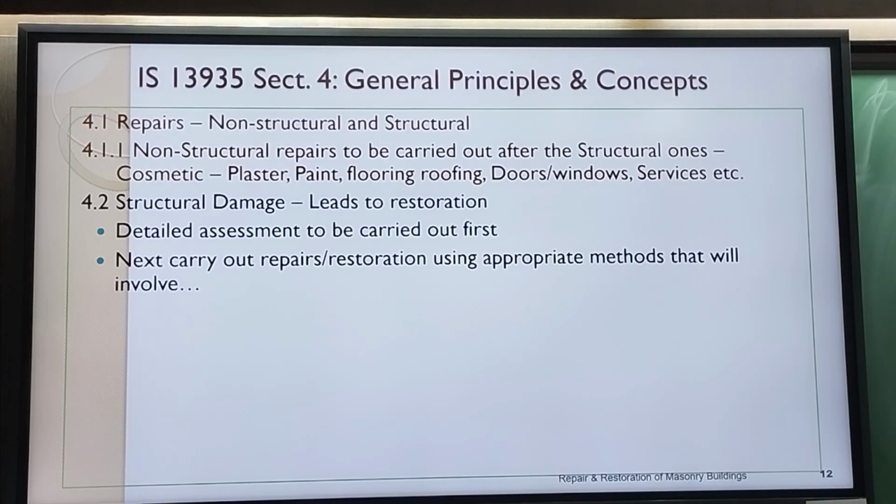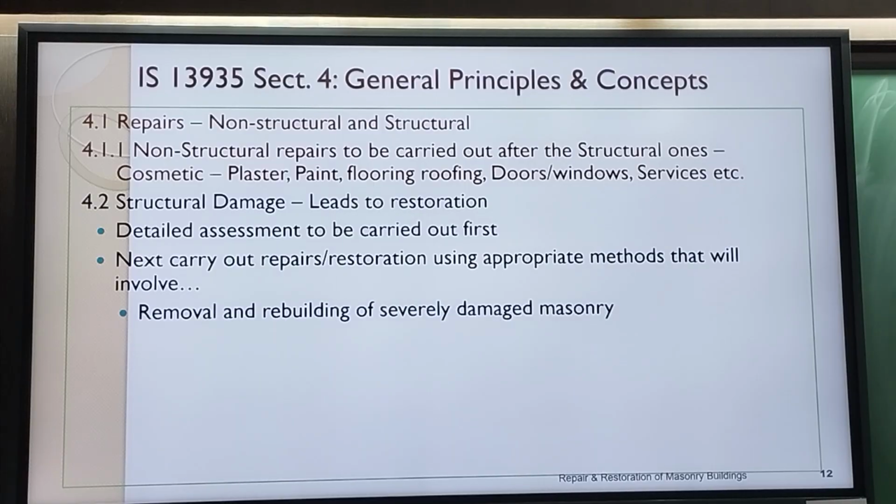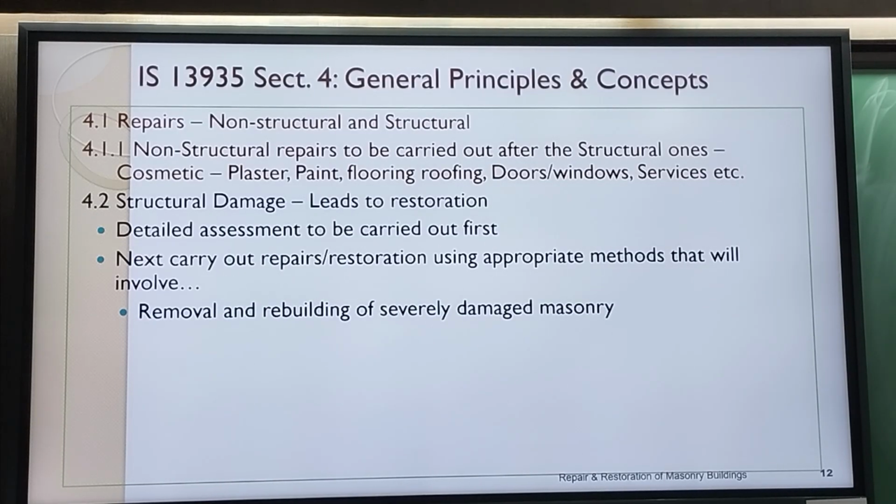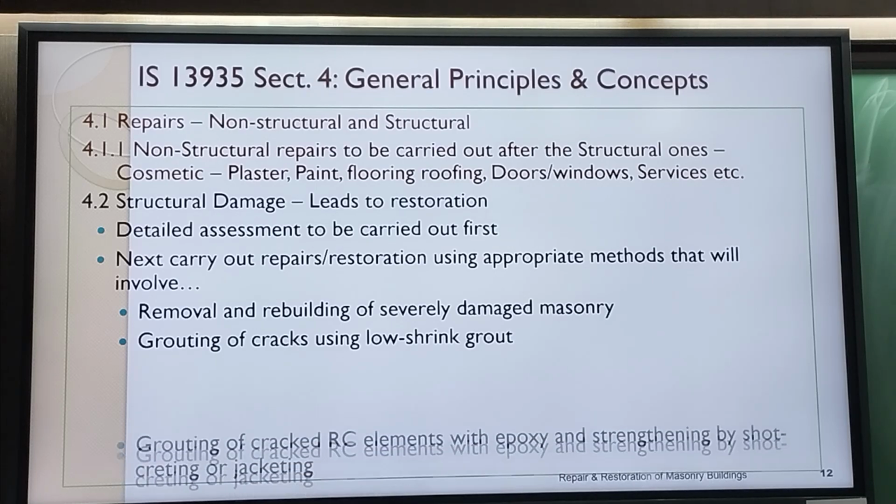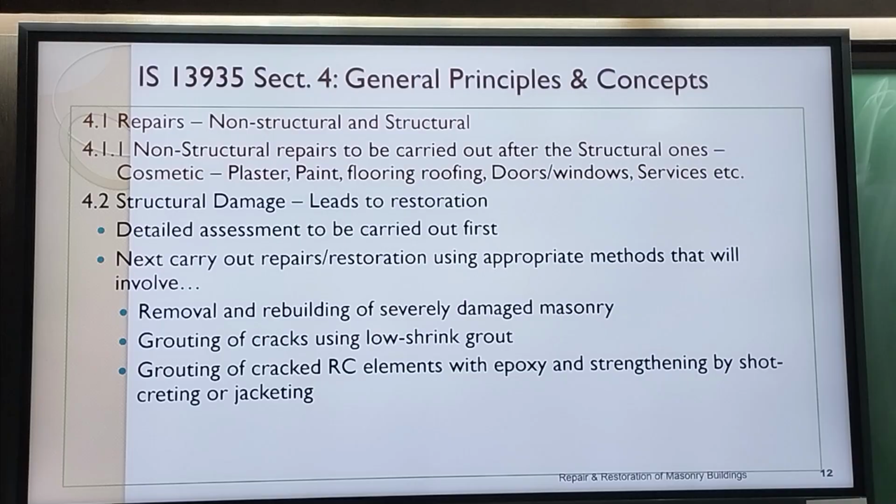And next, once it's assessed, then we carry out the repair and restoration using appropriate methods. Some of the stuff will be so badly damaged that you may have to remove part of the damaged portion and rebuild it. Okay, some of the damage can be just repaired right in place, by grouting and putting some splices across and things like that.